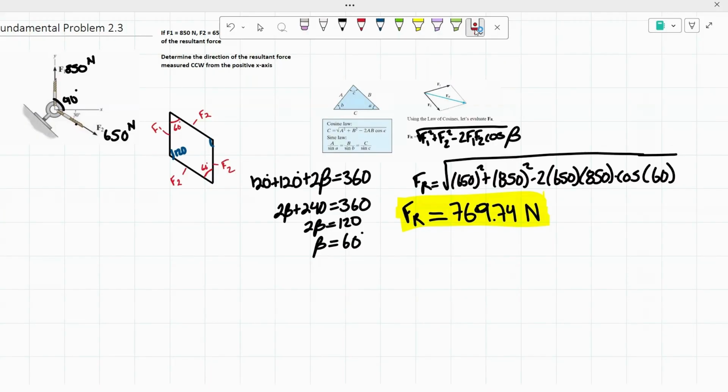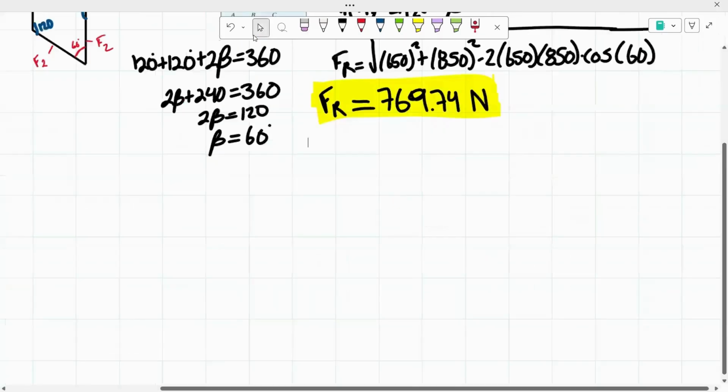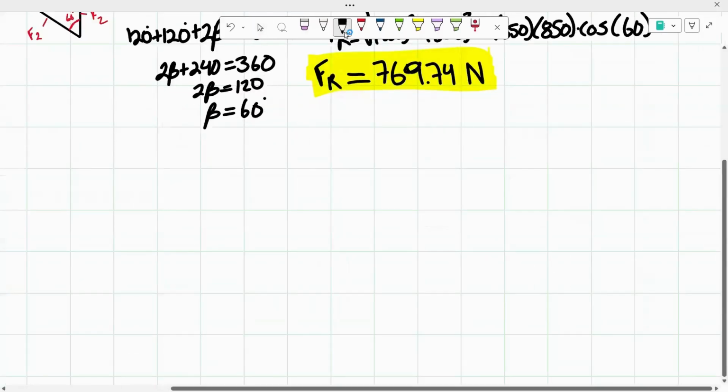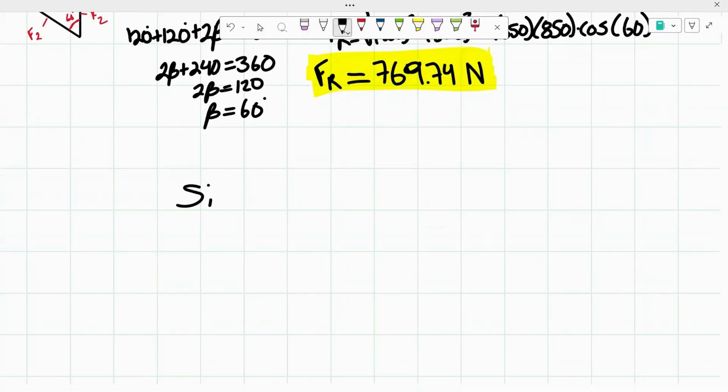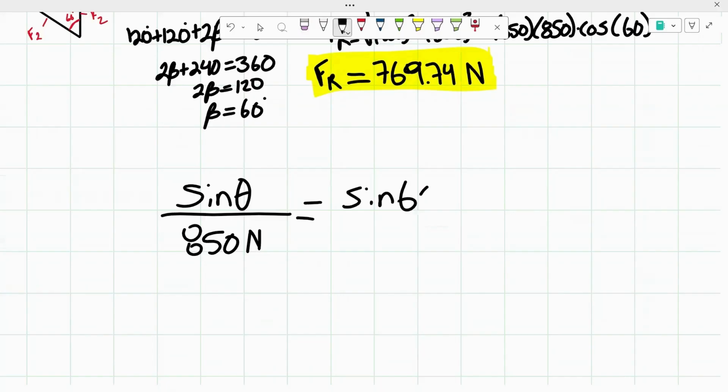So what we're going to do is write sine of theta over 850 newtons is equal to sine of 60 over 769.74 newtons.